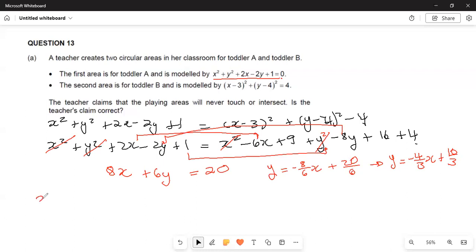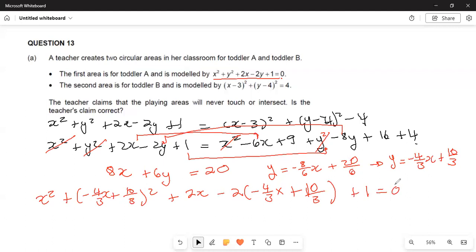So we have x squared plus (negative 4 over 3 x plus 10 over 3) squared plus 2x minus 2 times (negative 4 over 3 x plus 10 over 3) plus 1 is equal to 0.